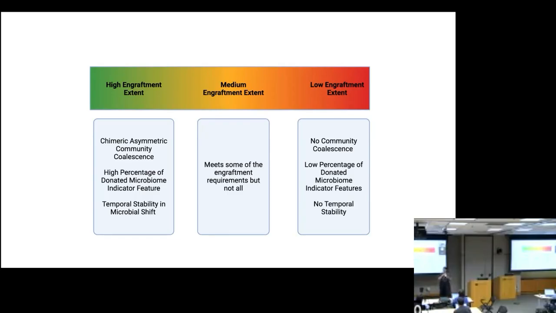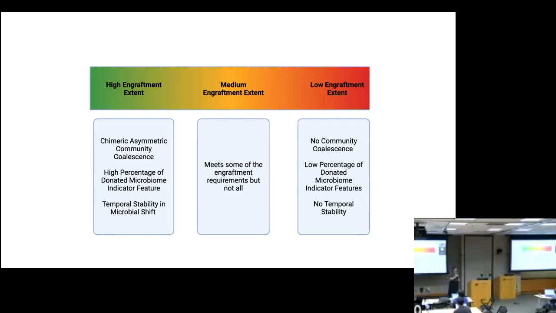But with FMTs, we're transferring hundreds or thousands or even more microbes into a recipient. And what does success mean on a binary? If I engraft 99 of the 100 microbes from my donor, did I succeed or did I fail? It's hard to tell. And then if I engrafted 61 of the 100, did I succeed or did I fail?